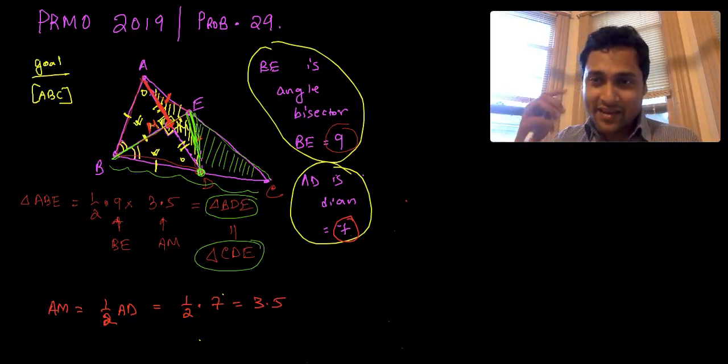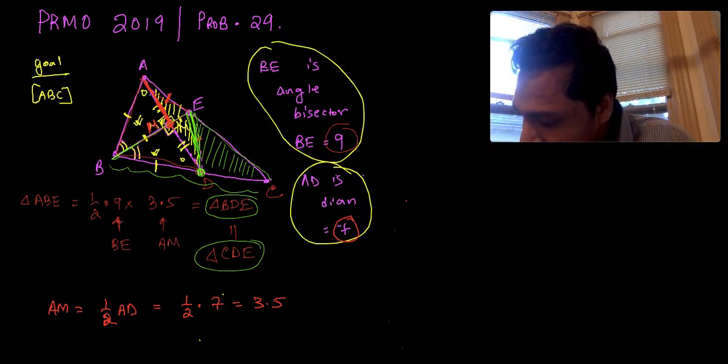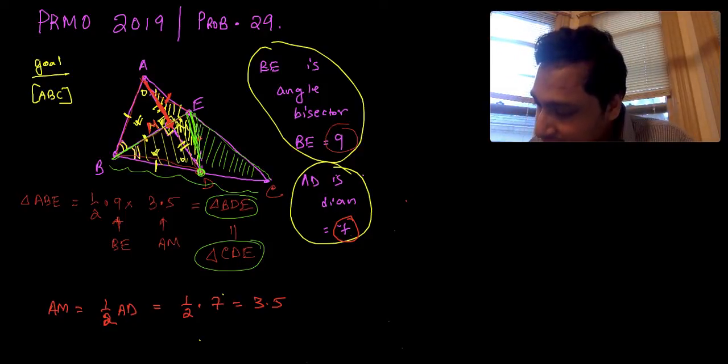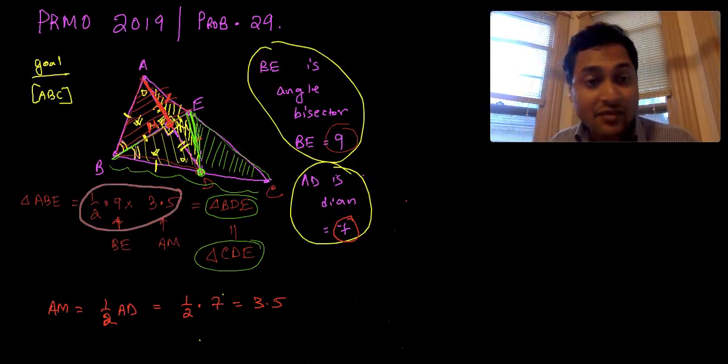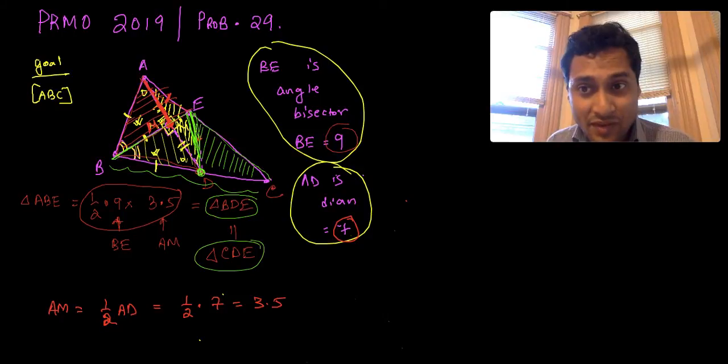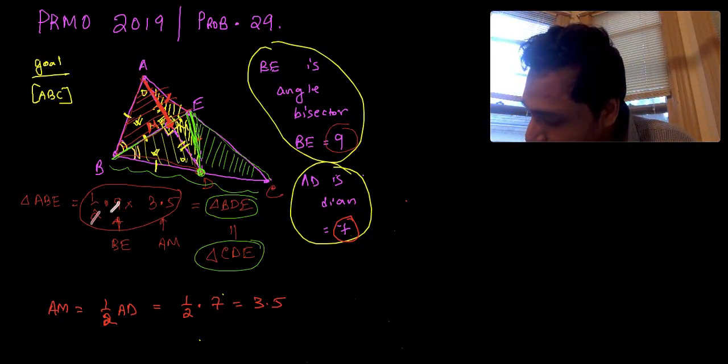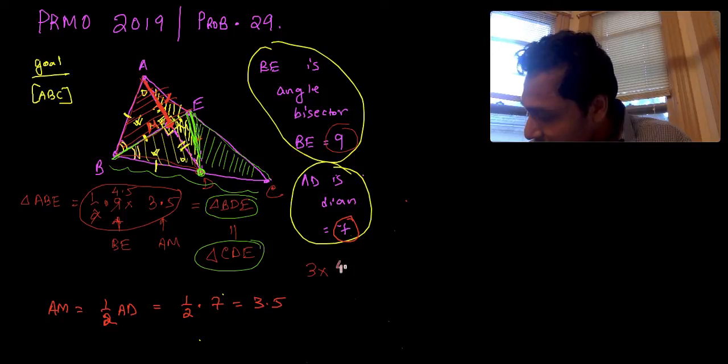So we have the area of triangle CDE, the area of triangle BDE, and the area of triangle ABE, and all of them are equal to this quantity, half times 9 times 3.5. So that's 4.5 times 3.5. So what we have essentially is 3 times 4.5 times 3.5.